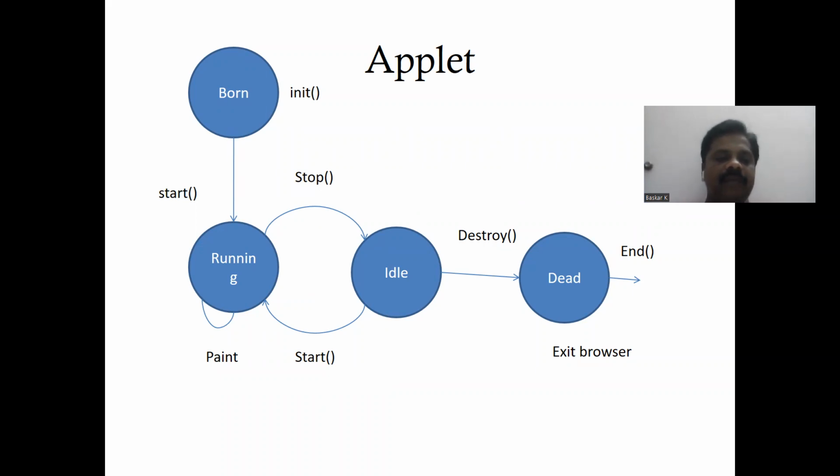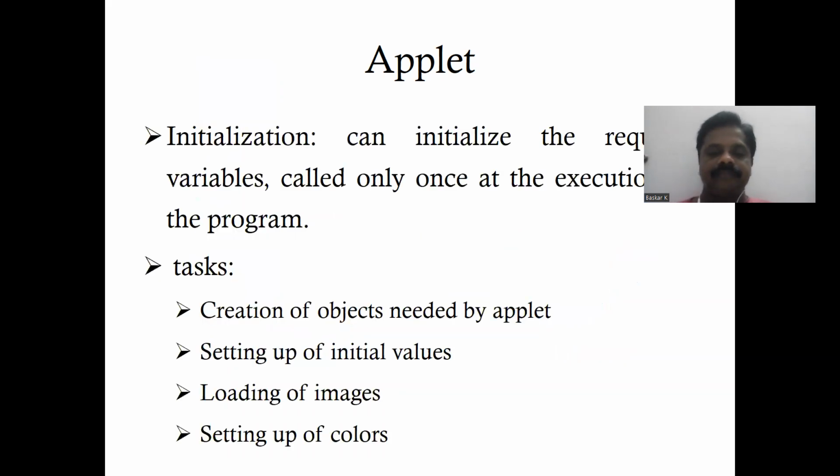After the start method, it moves between start and stop, from running to idle. You can go from running to stop or start again, it will run like that. If it is dead, meaning destroy, exit browser or end, these are all called the dead state.